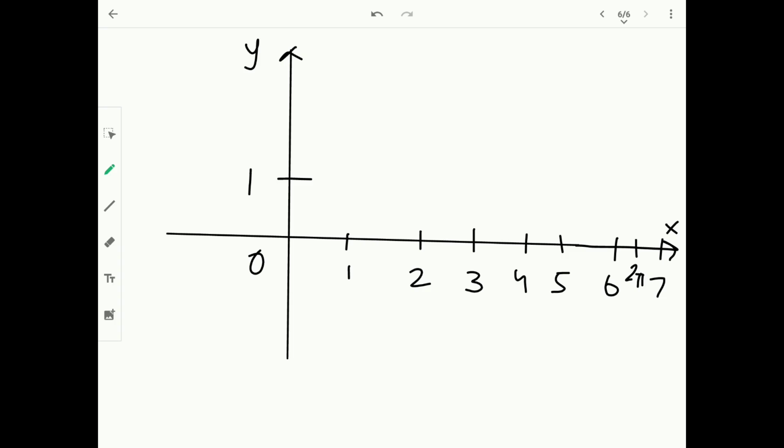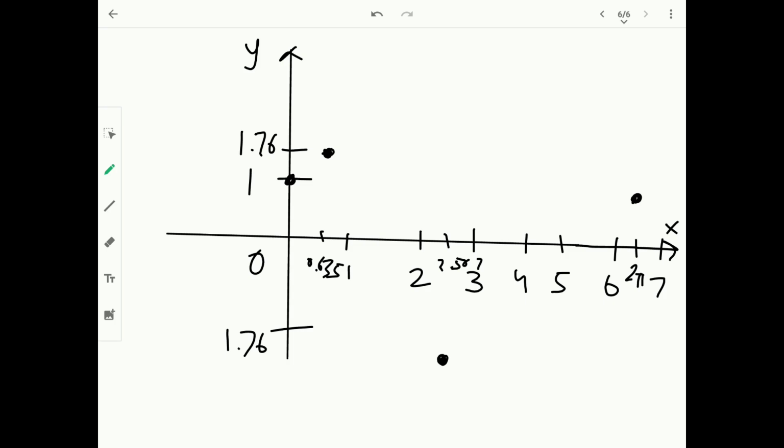I'm not going to do this to scale, it's just a rough sketch. 1 and 1, these are our easiest points. So we had 0.635 approximately here, that corresponded to 1.76. So that would be here. Then we had 2.507, which corresponded to minus 1.76.